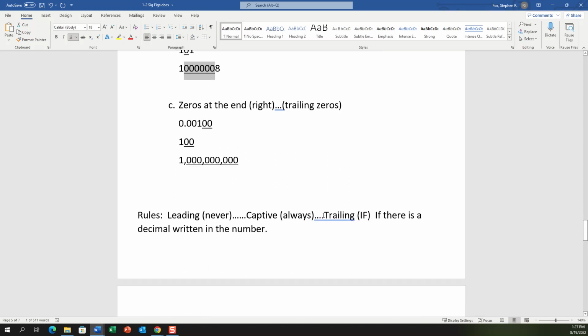And trailings are the if, all right? So if we have a never and we have an always, well, and we have a third rule, well, I guess it's they are sometimes and they aren't sometimes. So if the decimal point is actually written in the number, trailing zeros are significant. If the decimal point was not written down on the piece of paper that you're looking at, then the trailing zeros are not significant.